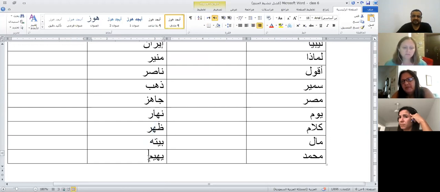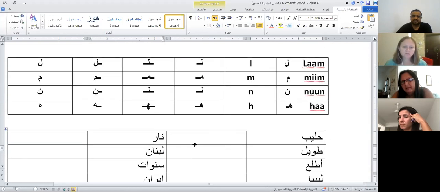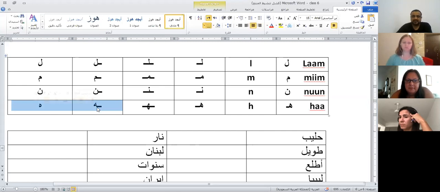So all the female words end with that letter, like mushkila, sayara. But we'll learn that letter next week. It looks like this letter, but actually mushkila doesn't have ha.